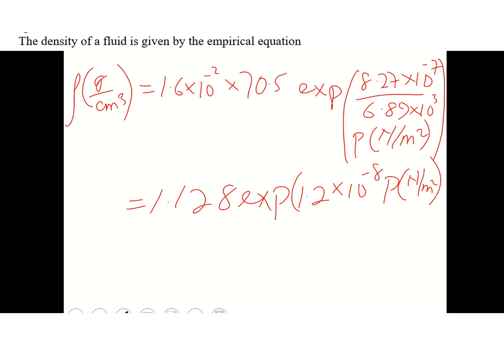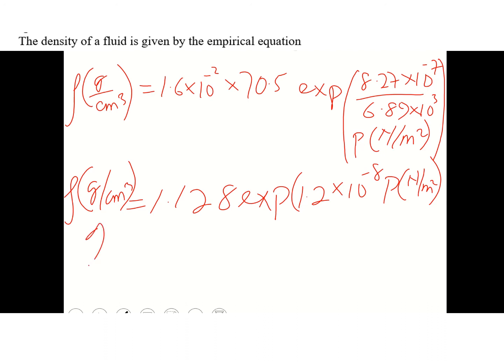So this will be the final derived formula. So density in gram per cm cube is equal to 1.128 exponential 1.2 times 10 raised to the power minus 8 P.